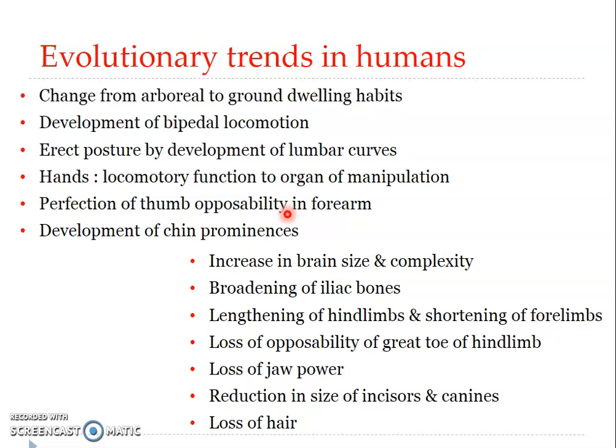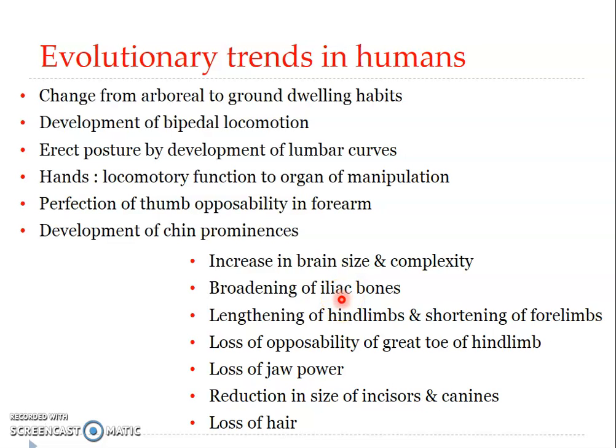Then you can see these are a few things where it is actually a complete change, but here it is increasing or decreasing. Okay, so here you can see there is an increase in brain size and complexity, especially the frontal lobes of the brain increased in size, resulting in an overall increase in intelligence. Then you can see broadening of iliac bones.